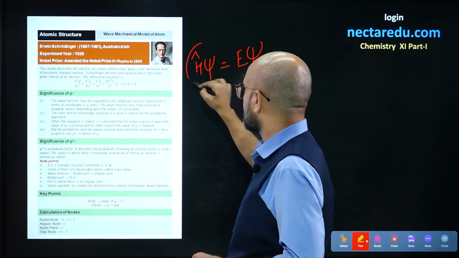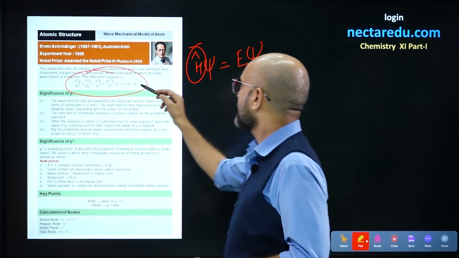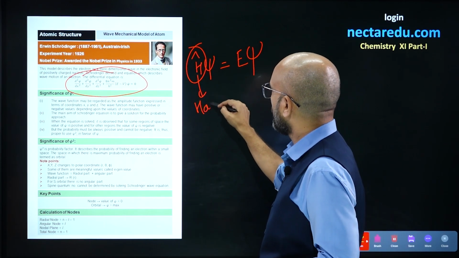And H cap psi has all the variables you see over here except E. And this H cap was known as the Hamiltonian operator.